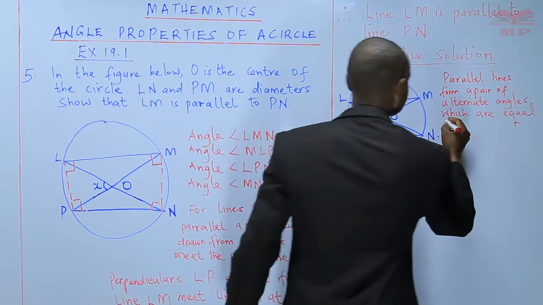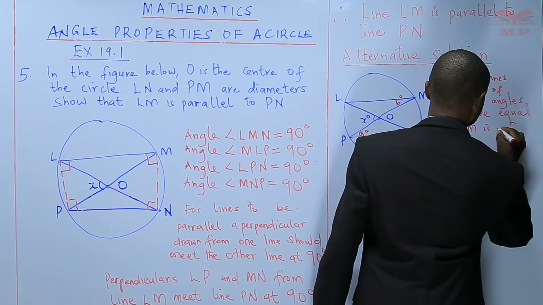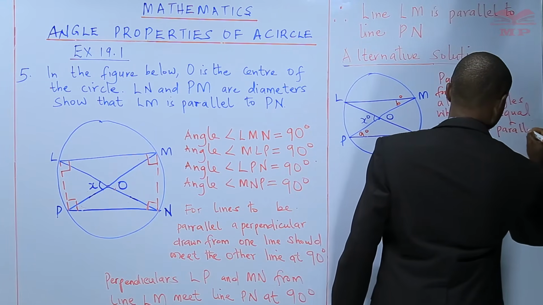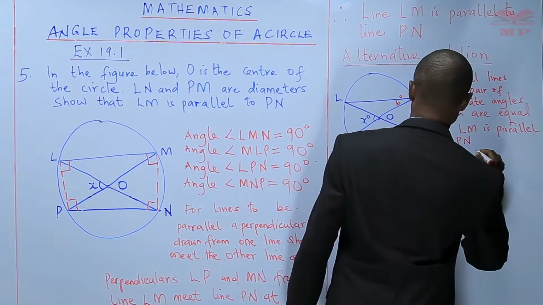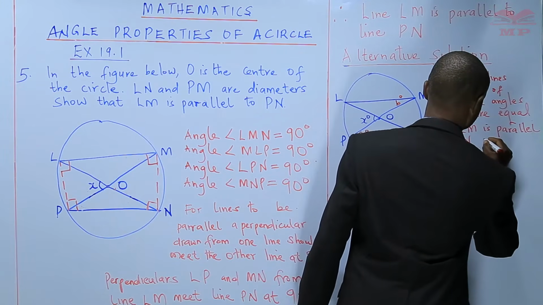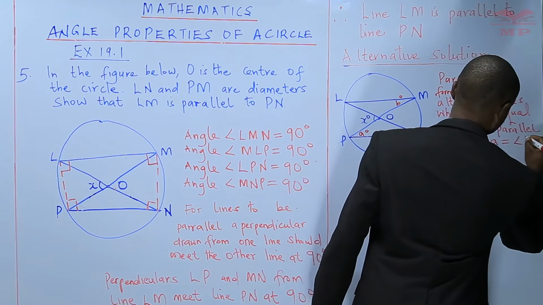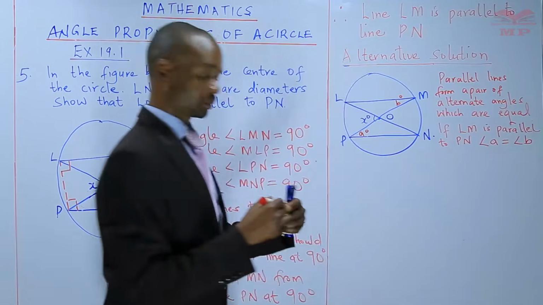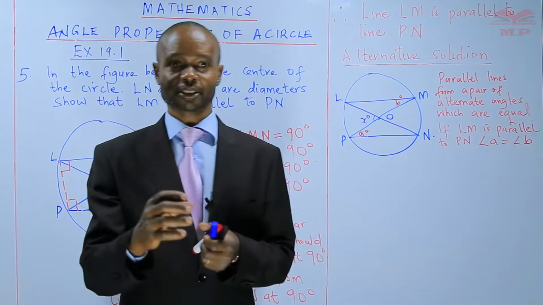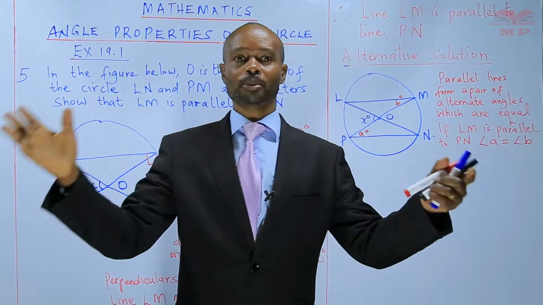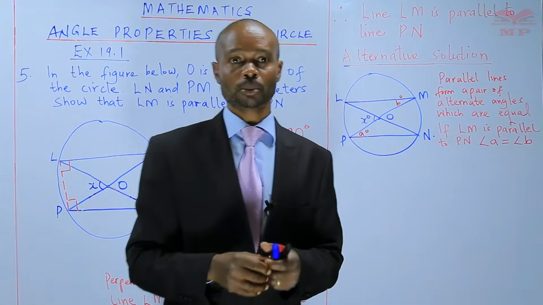If LM is parallel to PN, angle A will be equal to angle B. So having that, I have to calculate the value of angle A and also the value of angle B. And then I compare their values. If their values are equal, the lines will be parallel.